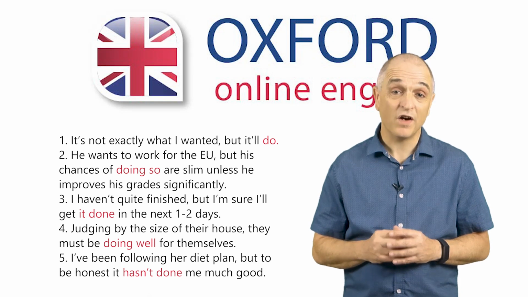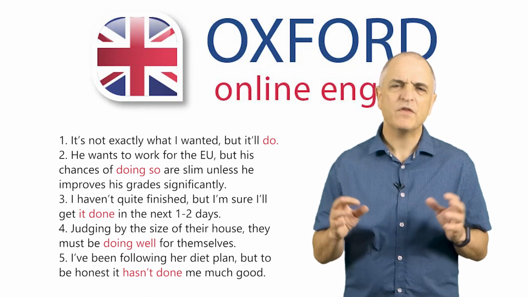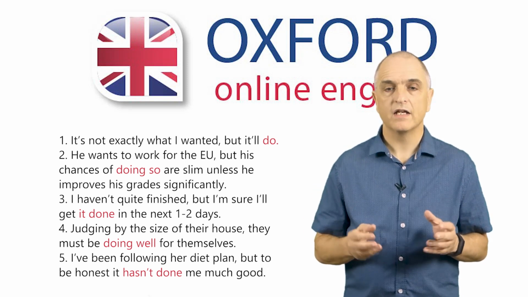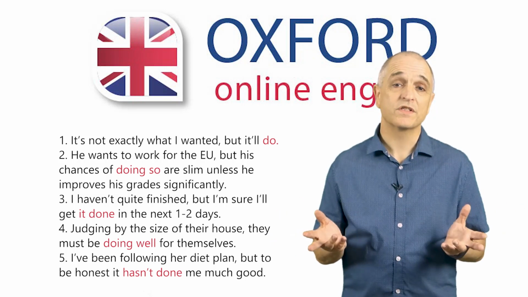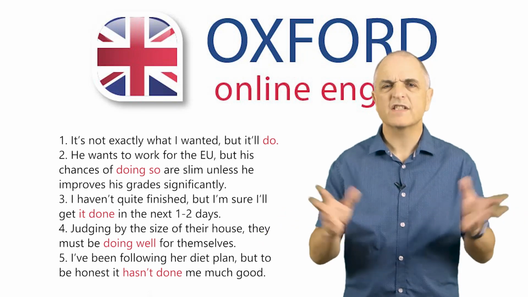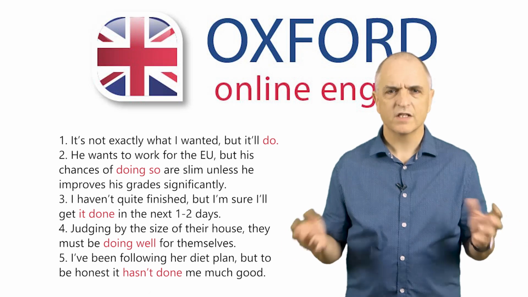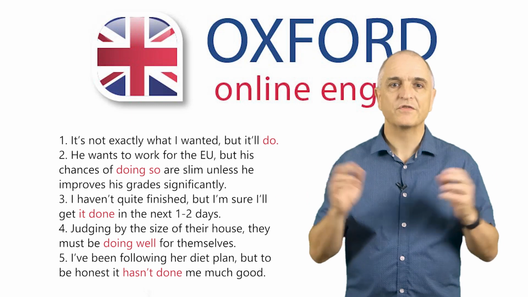In sentence 5, it hasn't done me much good, is a semi-fixed phrase. If you want to make the phrase positive, say, it's done me a lot of good. Of course, you can also use this to talk about other people. For example, she looks so much happier these days. Switching to part-time work seems to have done her a lot of good.